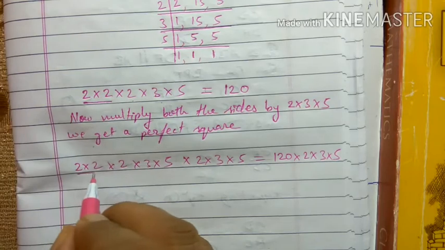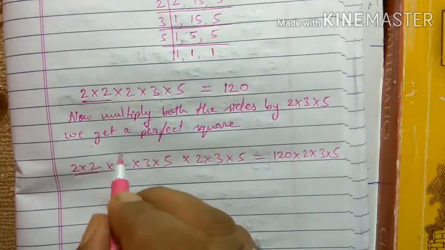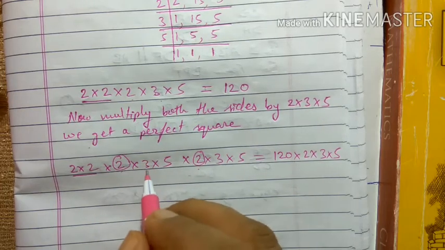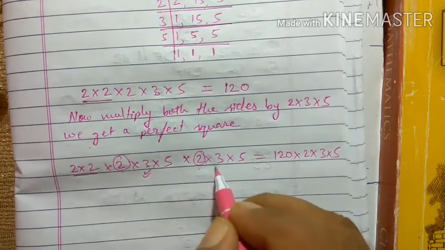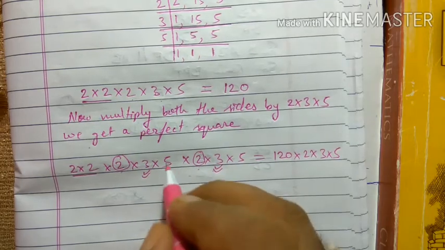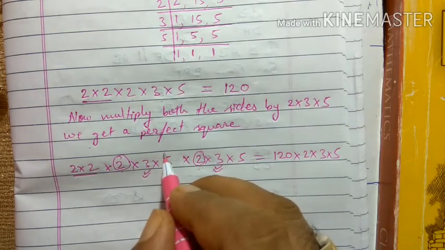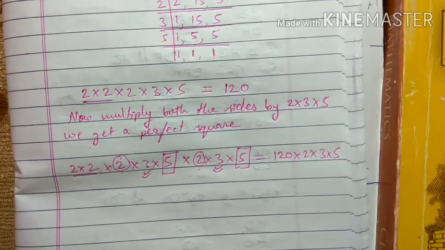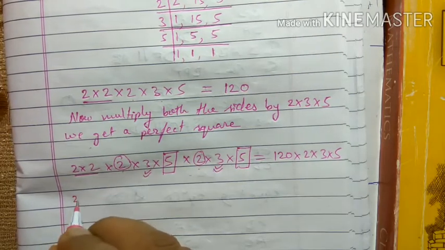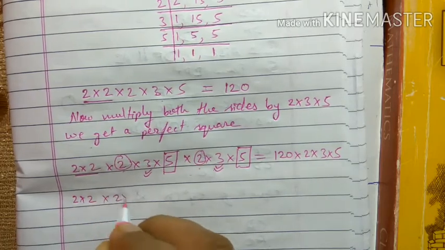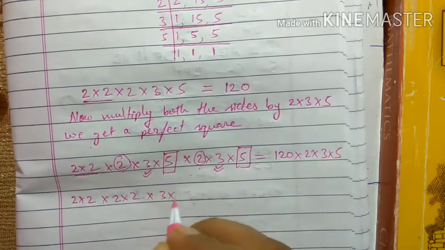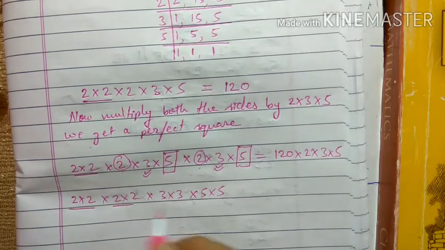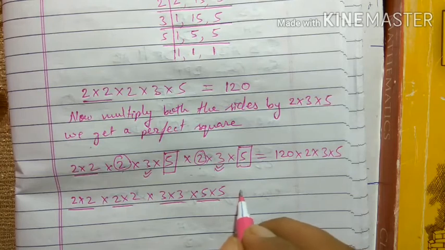Now please check, this 2 and this 2 make a pair, this 3 and this 3 make a pair, and this 5 and this 5 make another pair. So we may also write 2 into 2 into 2 into 2 into 3 into 3 into 5 into 5. So all the pairs are completed.